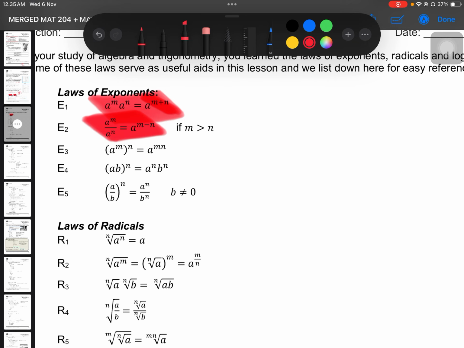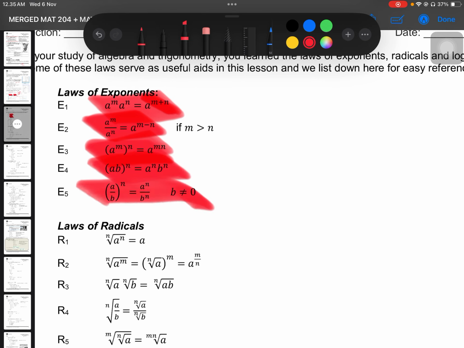You subtract. But if you have a base with an exponent and another exponent, nagmo-multiply na yung mga exponent. Okay? So, it is a raised to m multiplied by n. And, next naman natin, kung meron kang dalawang base sa iyong loob ng parentheses with an exponent, you distribute the exponent.